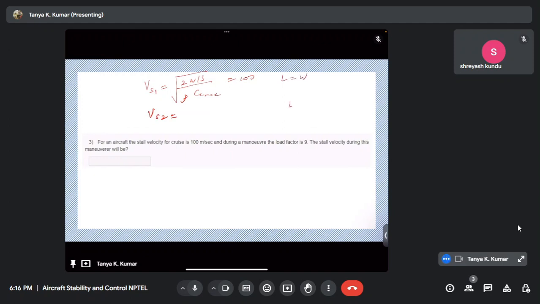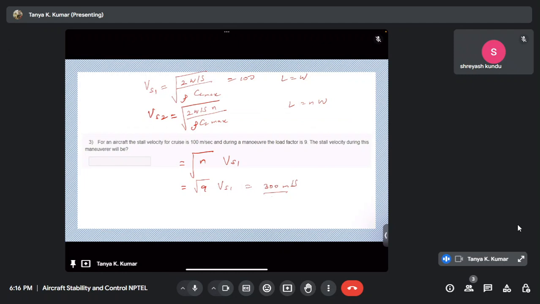Now when lift equals n times weight, you have under root 2W by S n by rho CL max, and that is nothing but under root of n into Vs1. So that's under root 9 into Vs1, which is 300 meter per second.